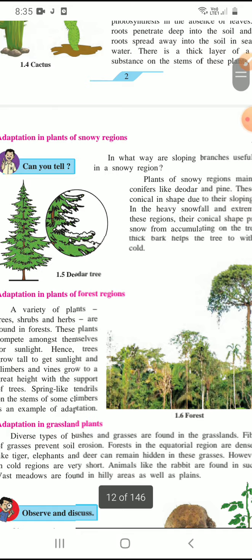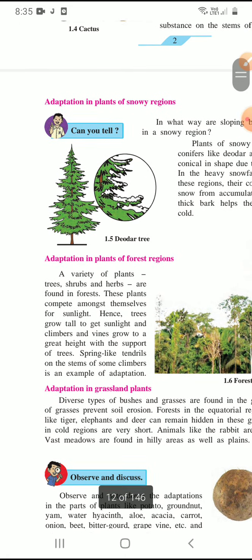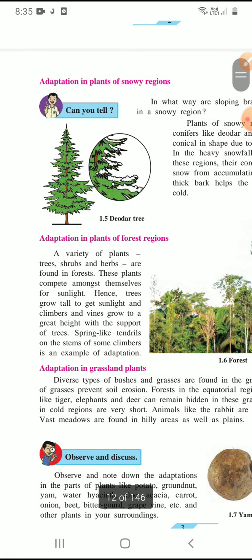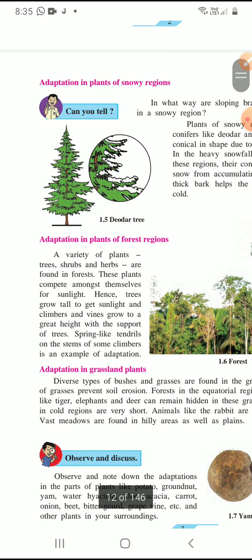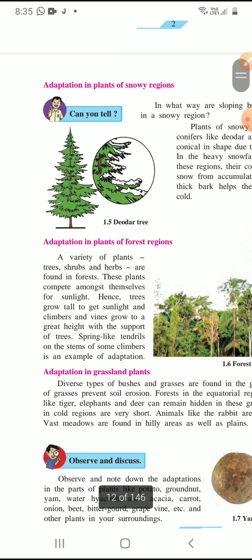Adaptation in plants of forest regions. A variety of plants, trees, shrubs, and herbs are found in forests. These plants compete amongst themselves for sunlight.